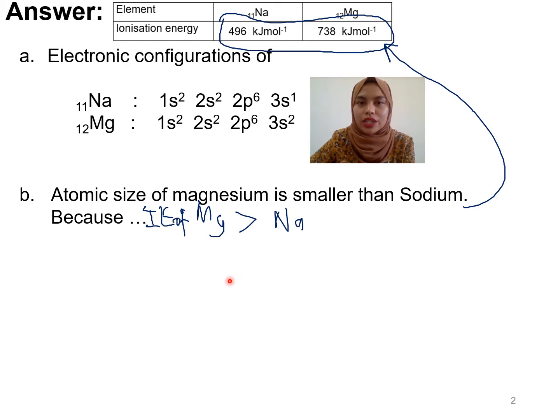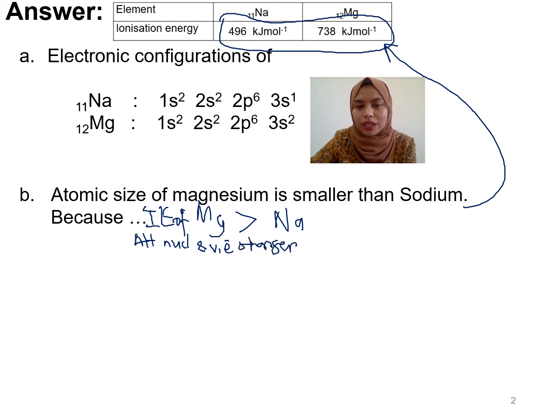Pada attraction between nucleus and the outermost shell. So kalau let's say the ionization energy of Mg lagi tinggi, sebab apa? Sebab the attraction between nucleus and valence electron in Mg lagi stronger, lagi kuat daripada Na.